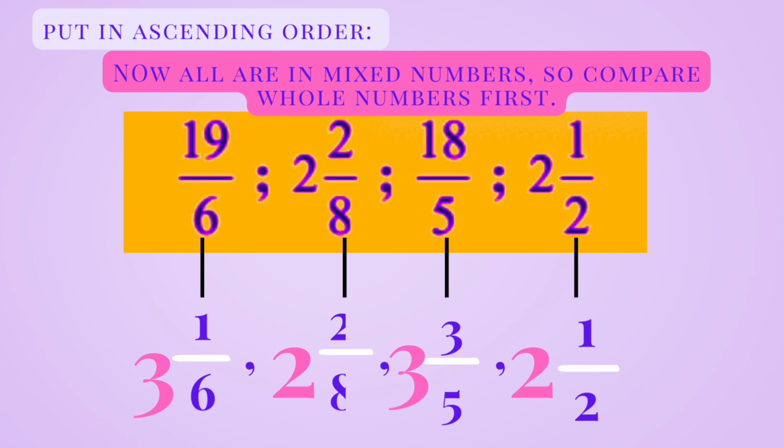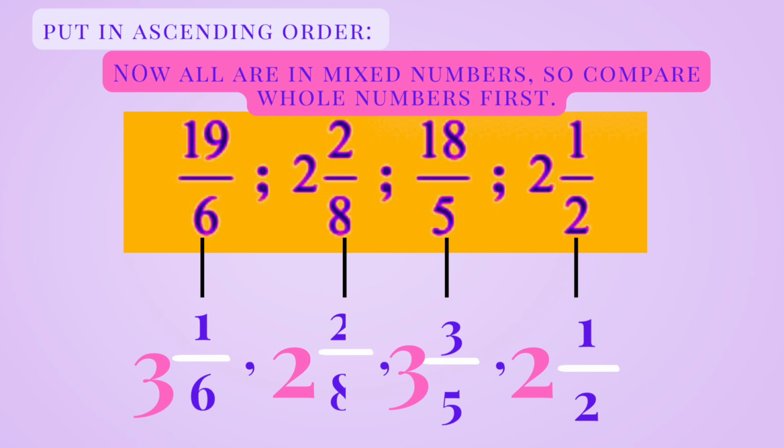2 2/8, 2 1/2, 3 1/6, and 3 3/5. Now that all our numbers are mixed numbers, we can start by comparing the whole number parts. Looking at our 4 numbers, we can see that 2 of them have a whole number of 2, and 2 of them have a whole number of 3.